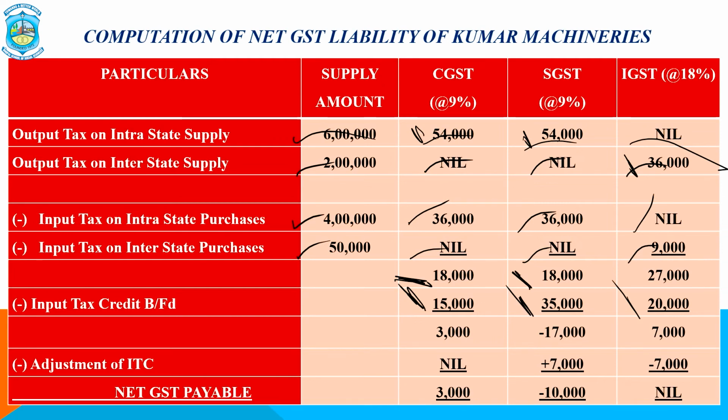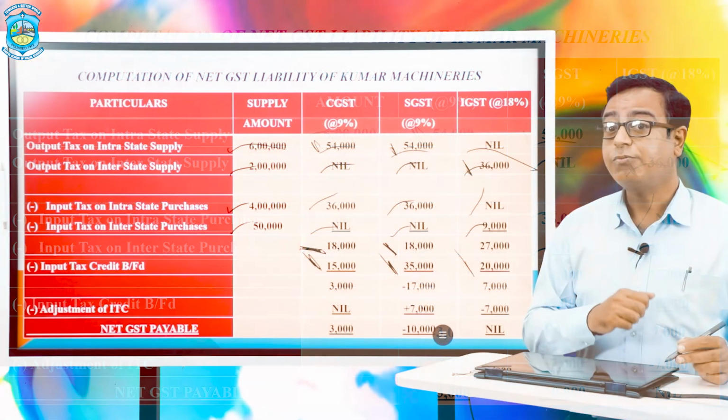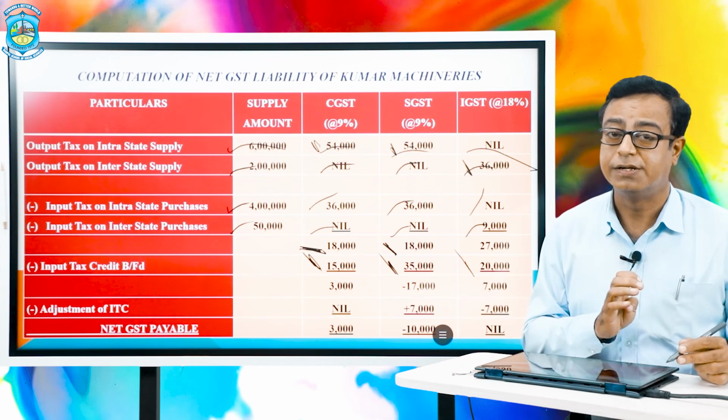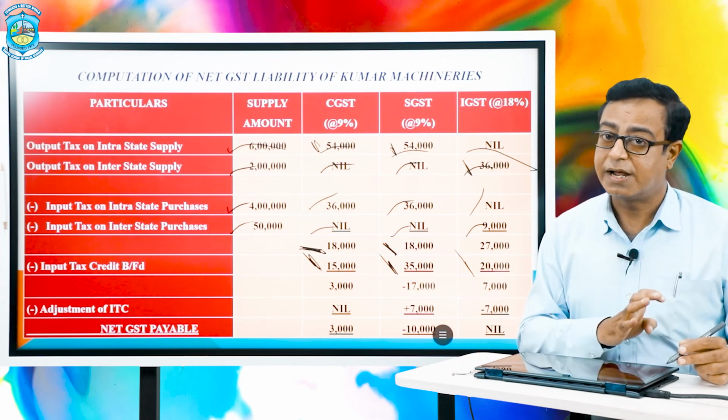So, 17,000 is the refund we have to get from the government. It is related with SGST 17,000, and 3,000 we have to pay for CGST and 7,000 we have to pay for IGST.